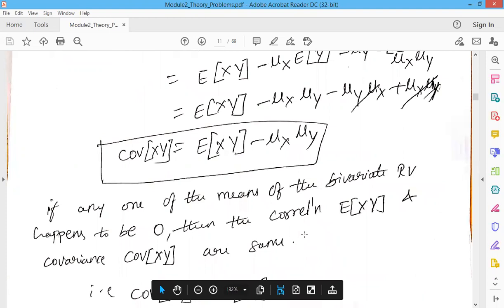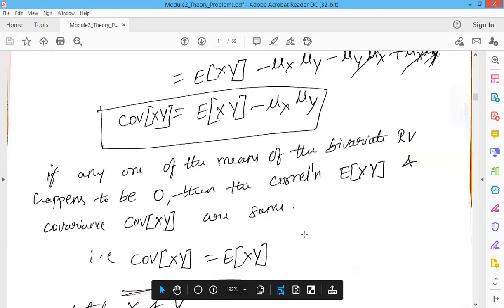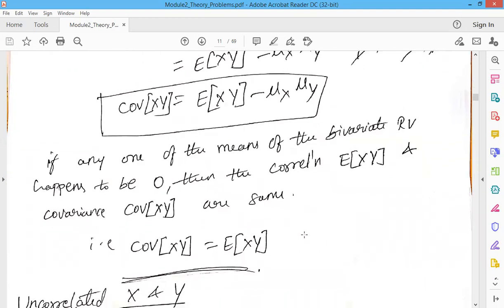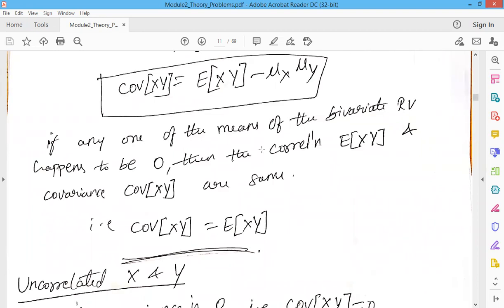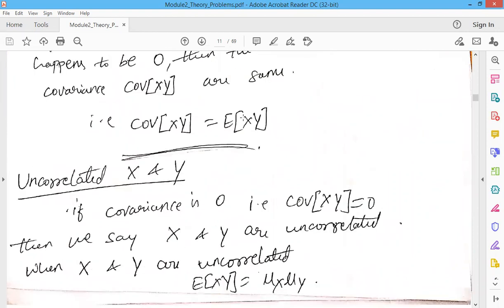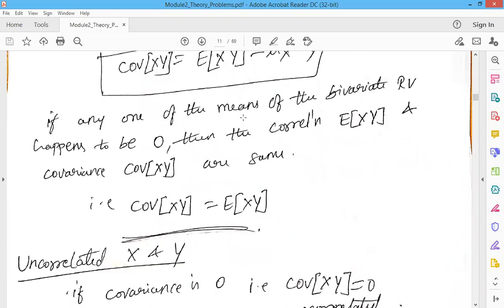For this covariance equation, we can come across various special cases. Suppose any one of the mean values is 0, either mu x or mu y. In that case, the covariance of xy will simply be equal to the expectation of xy. In one more case, the covariance value may be 0.